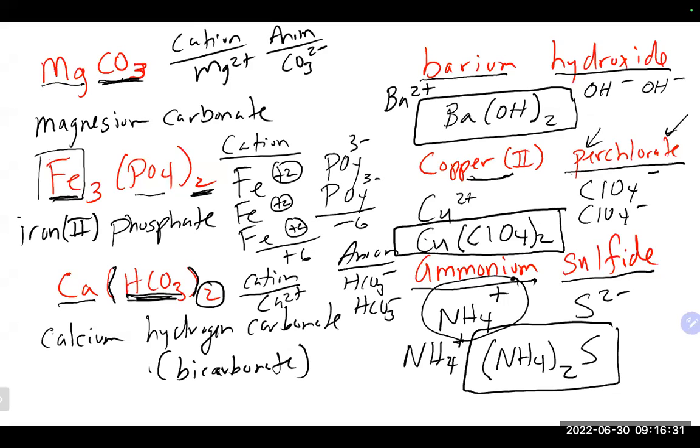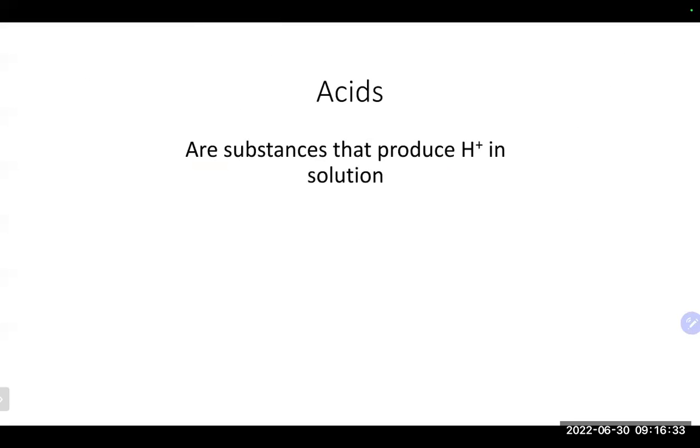Okay, our journey through naming continues to acids now. Acids are basically substances that produce H+ ions in solution. That's basically what an acid is. It's able to produce this, which is the hydrogen ion in solution, sometimes referred to as a proton as well. Acids are named basically all revolving around whether or not it has oxygen.